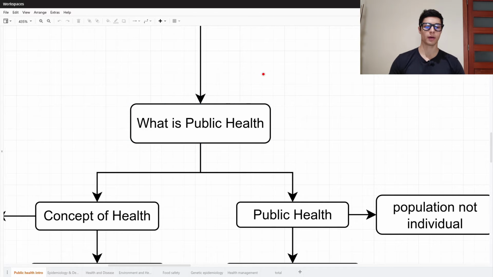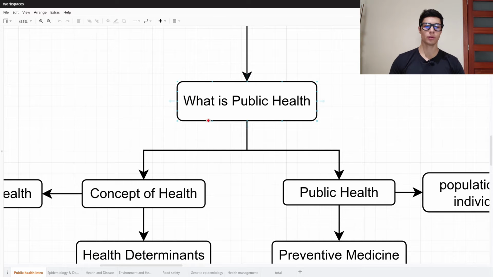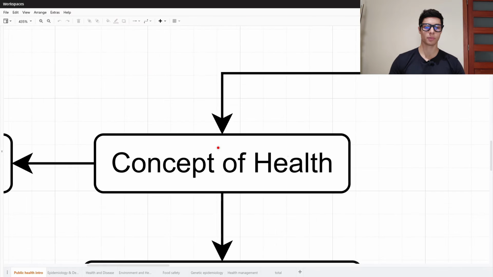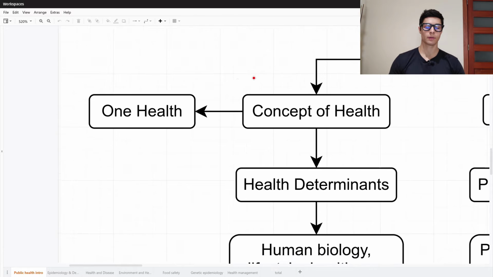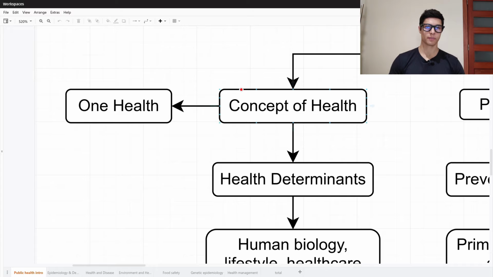What is public health? To know what public health is, we first need to know the concept of health. Health has many concepts, and for many years they tried to define health as the lack of disease.